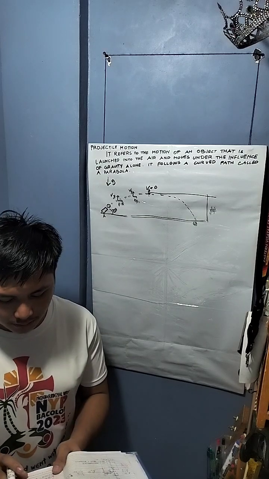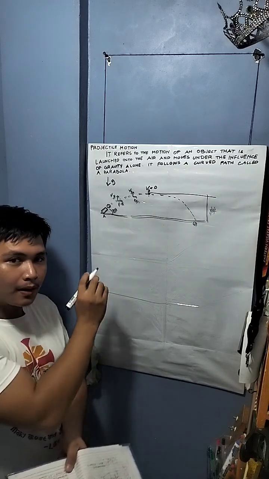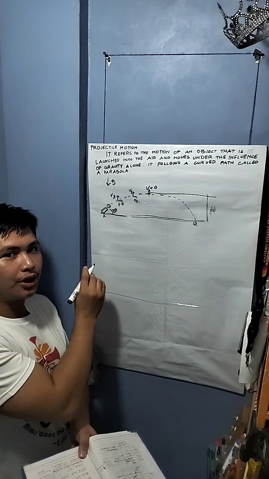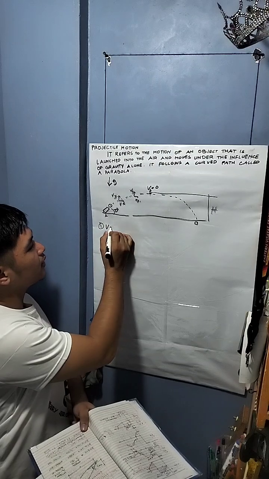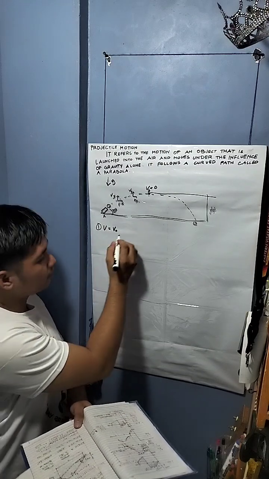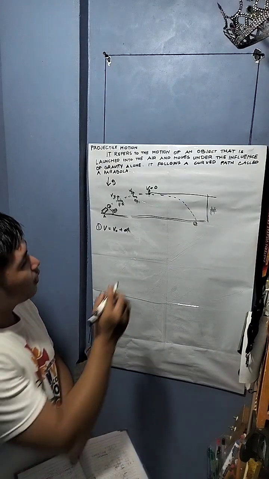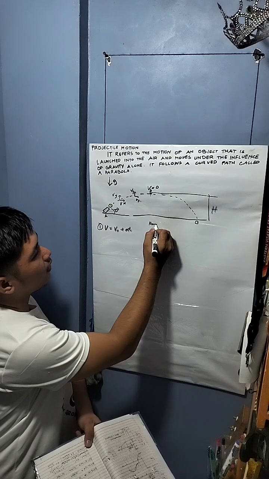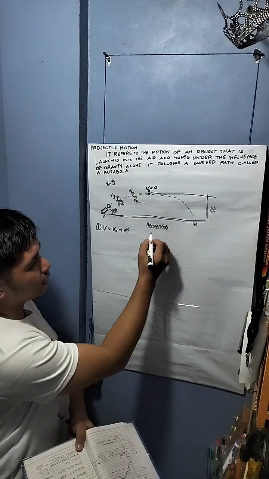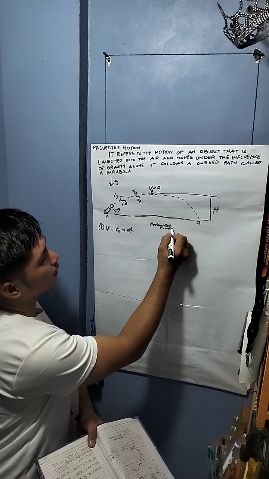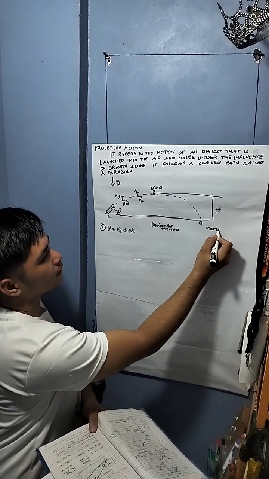So, as for the formulas, we will just use the same formulas as what we have learned in rectilinear motion. Firstly, we have velocity equals initial velocity plus acceleration times time, for the horizontal motion and the vertical motion.